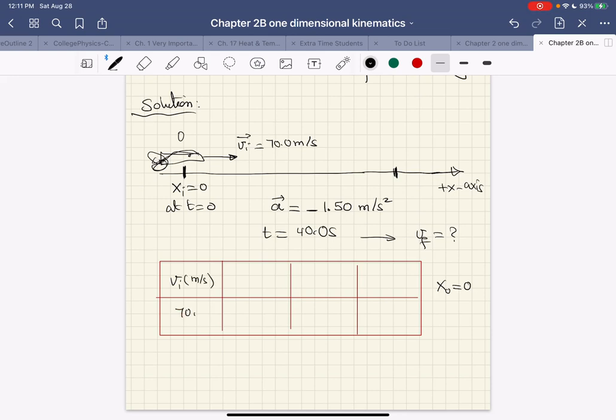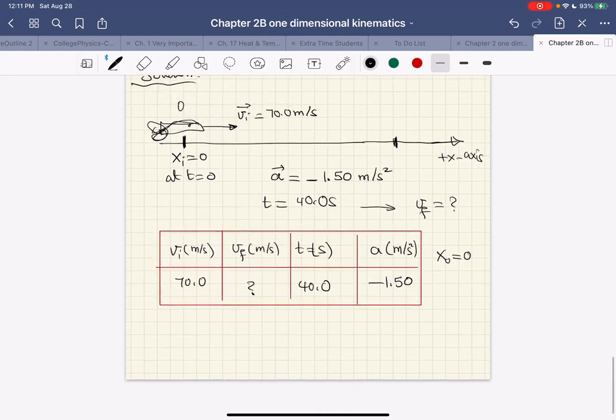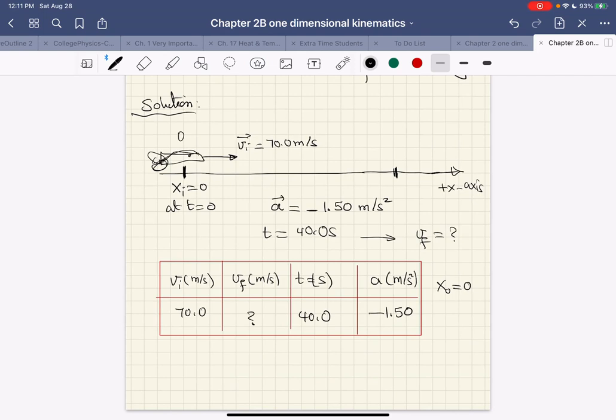It is 70, and I am looking for my V final. Time is in seconds. It is 40 seconds, and A is negative 1.5.